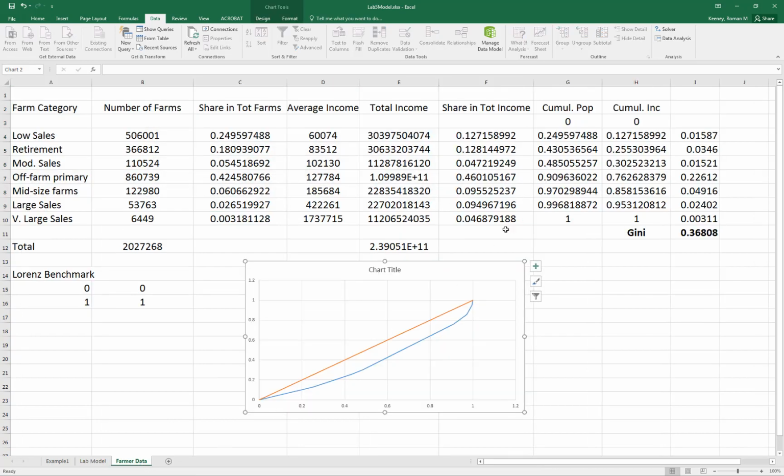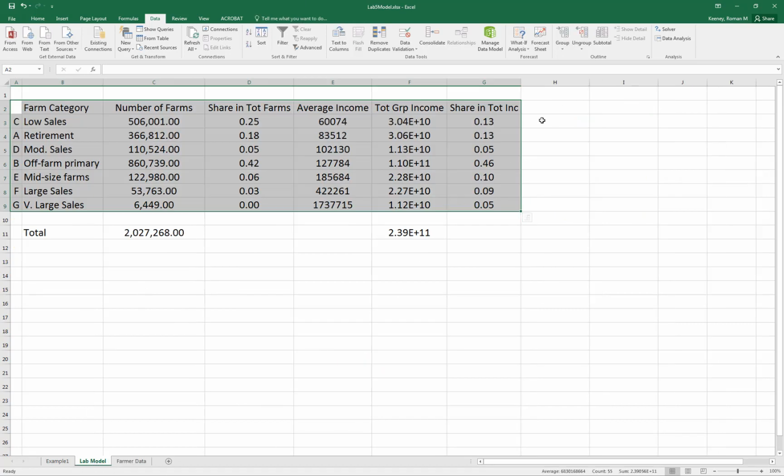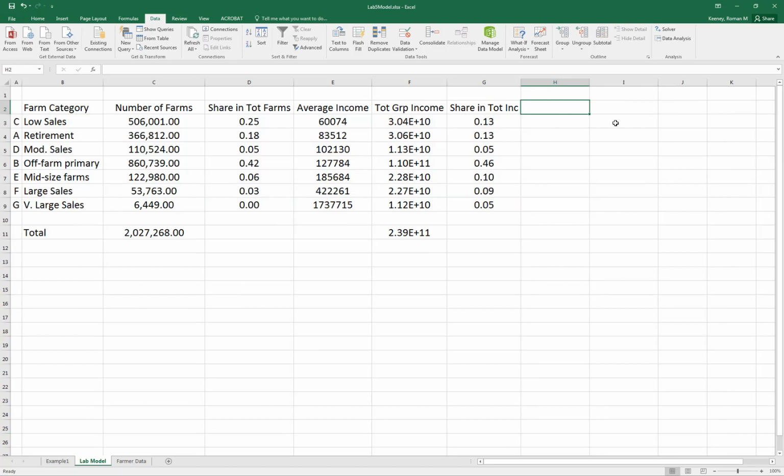Okay, so what's left? We can just look at this and see that now we're ready to do our cumulative population, cumulative income. This is the Gini area row, and we'll be done with our example. So let's go here. C share. This is going to be the cumulative share in the population, and we need one other thing we can add here.